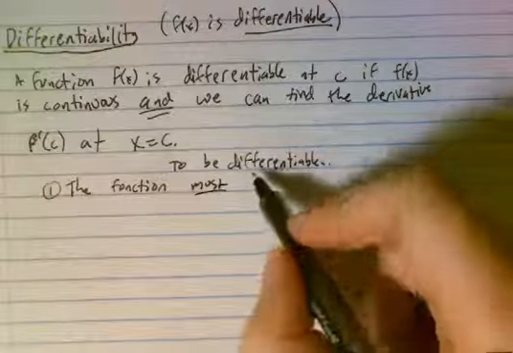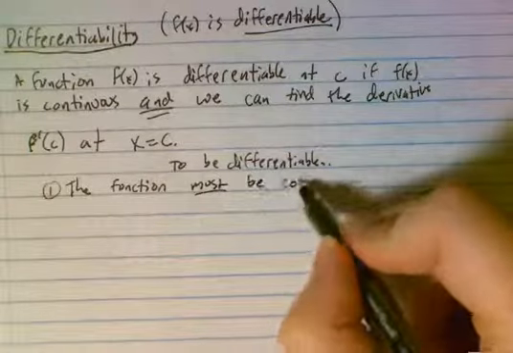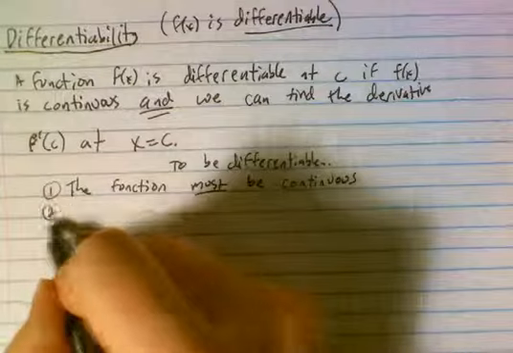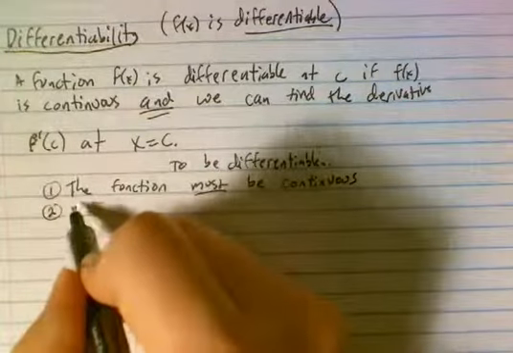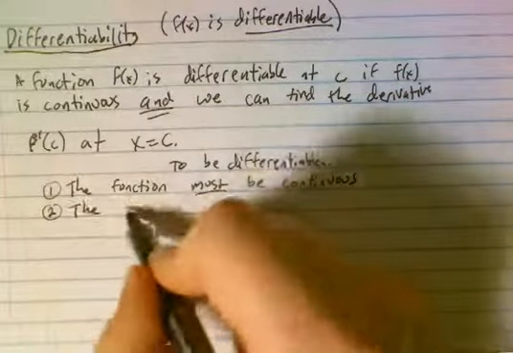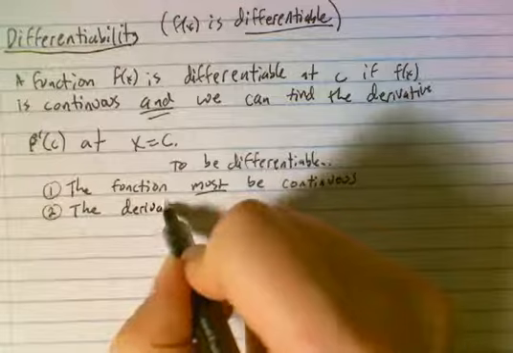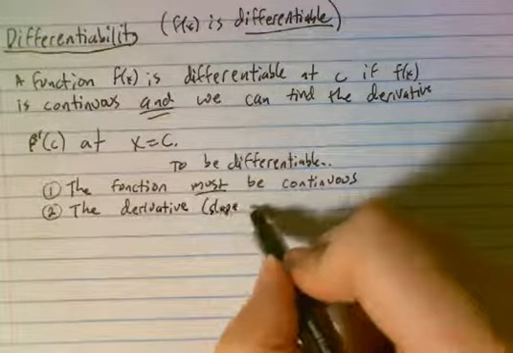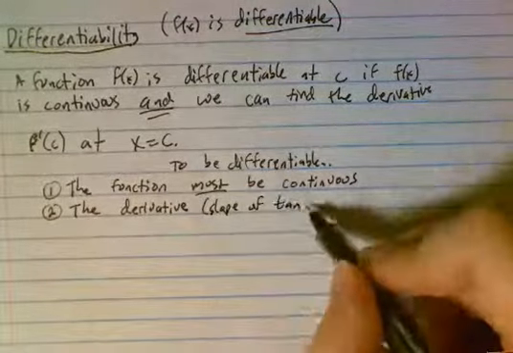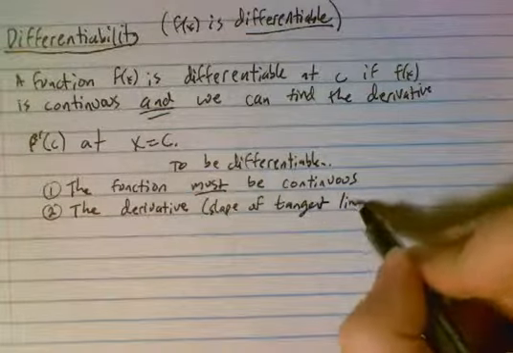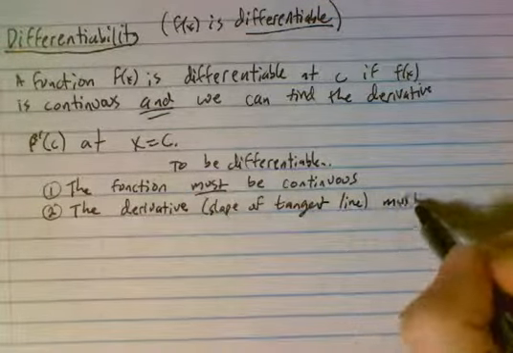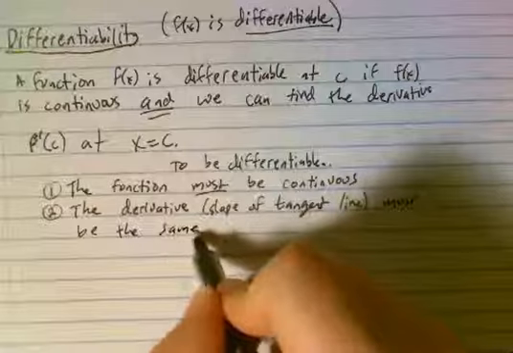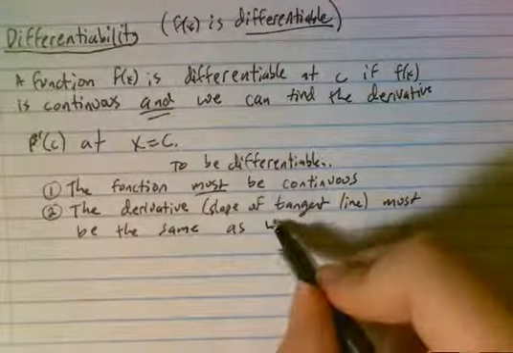So we do the test exactly like we did before. Second thing, the derivative, remember that's the slope of the tangent line, must be the same as we approach from the left and the right.